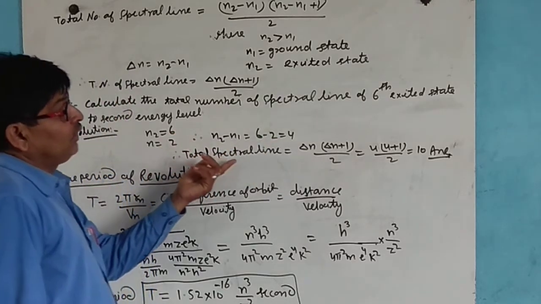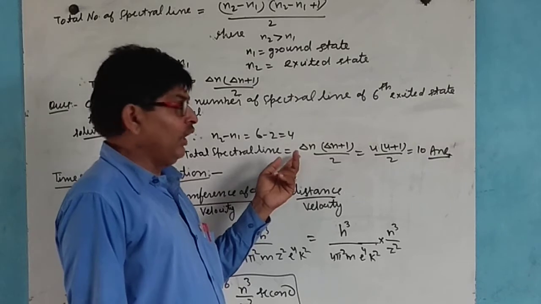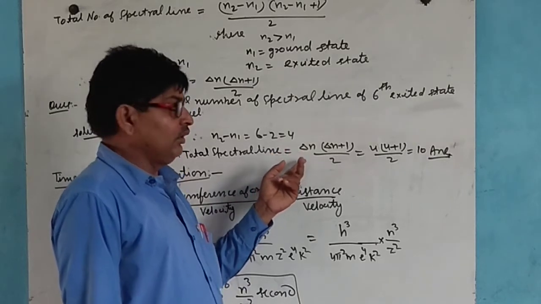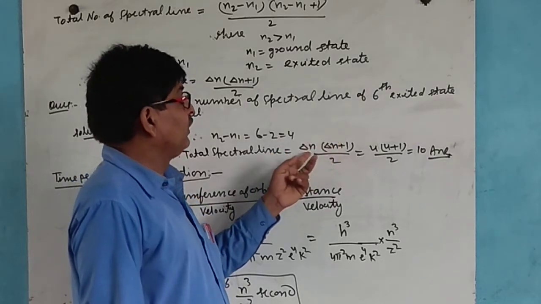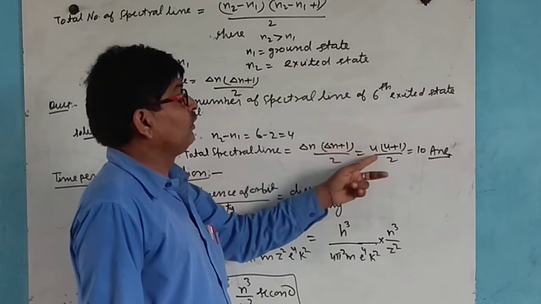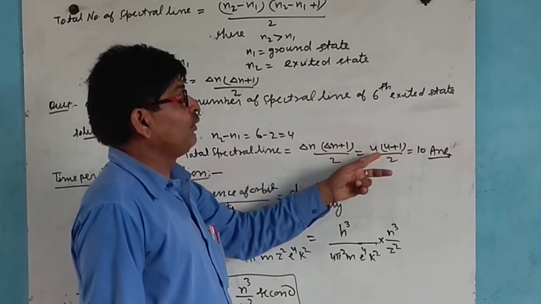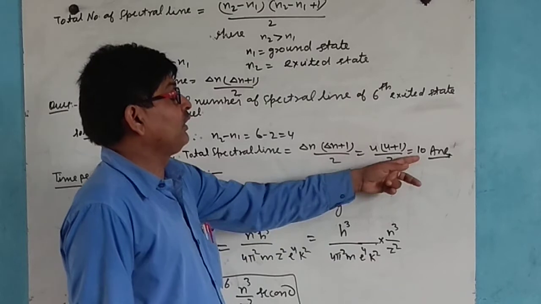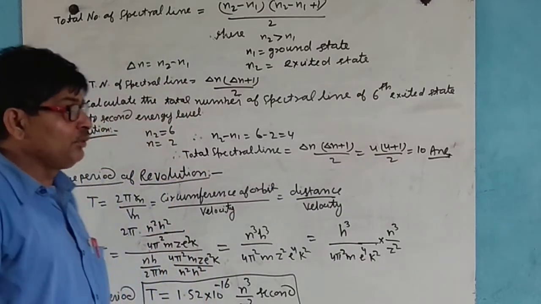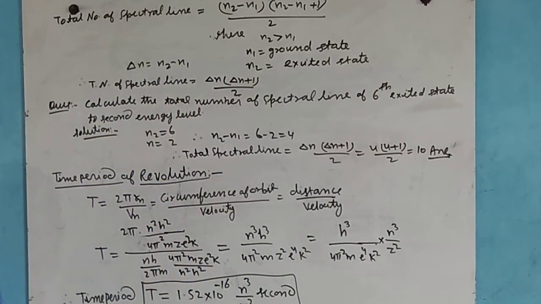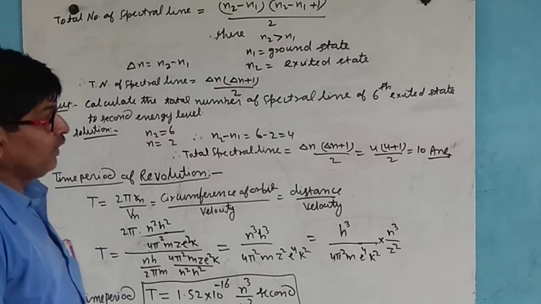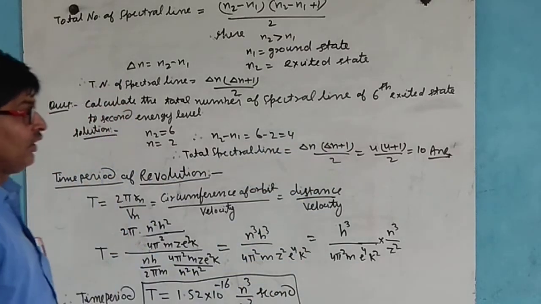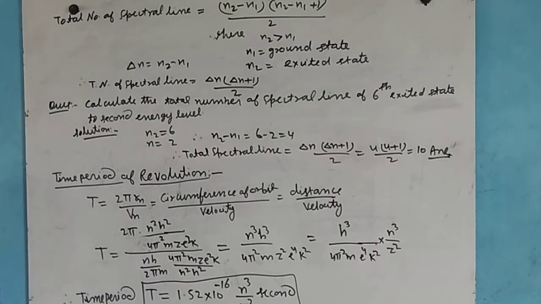So the total number of spectral lines with the help of this formula: delta n times delta n plus 1 by 2, 4 times 5 by 2 is 10. We get 10 spectral lines between the 6th excited state and the second ground level.